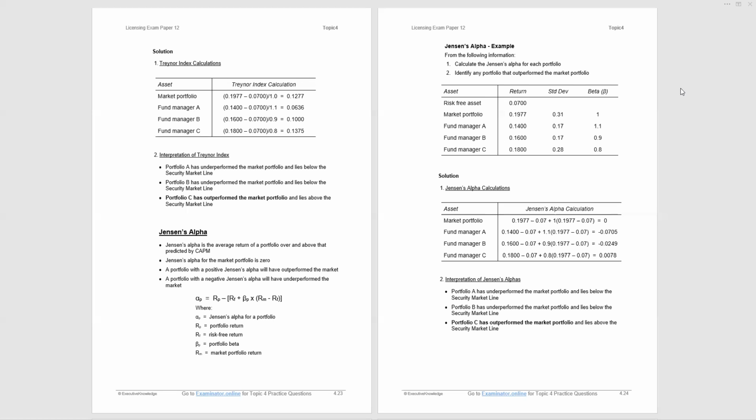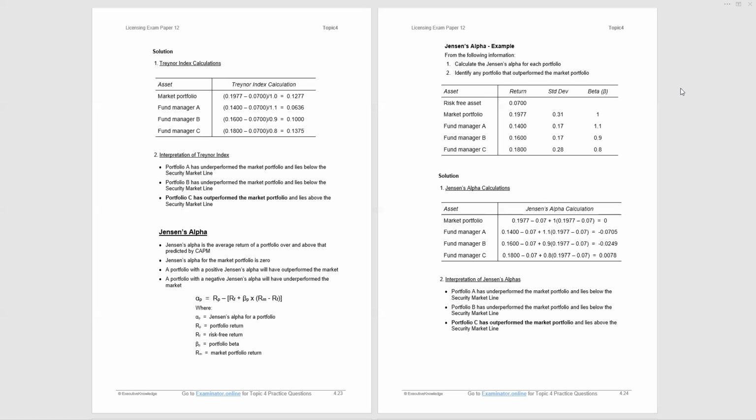Do the calculation, and we find that fund manager A has an alpha of minus 0.0705, so has not outperformed the market. Similarly, fund manager B has got a negative alpha. Fund manager C, however, has a positive alpha, 0.0078. So that is the portfolio that's outperformed the market portfolio.